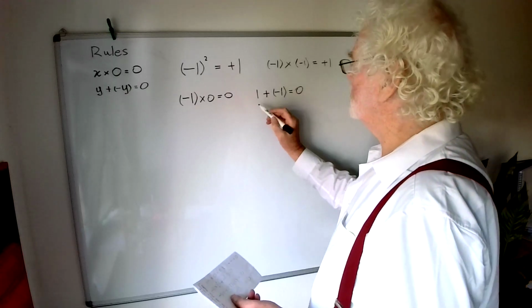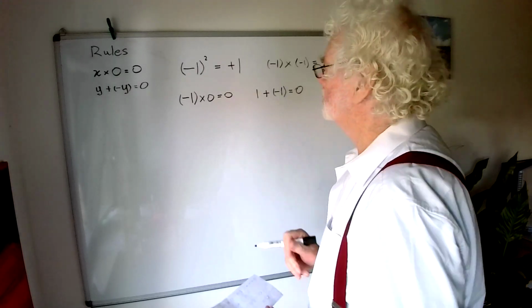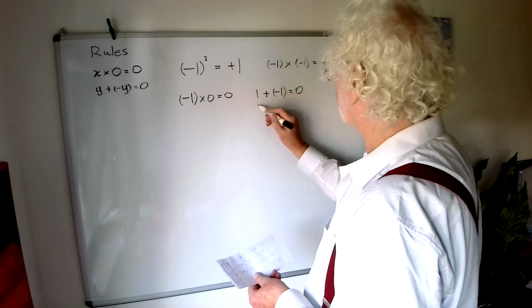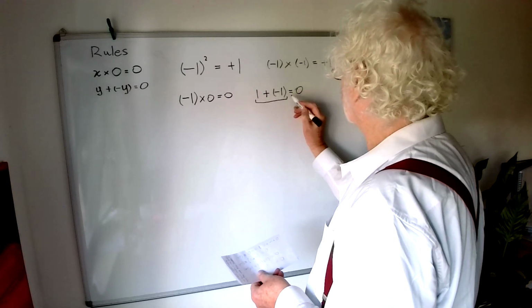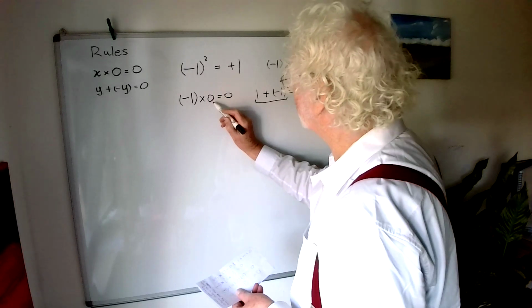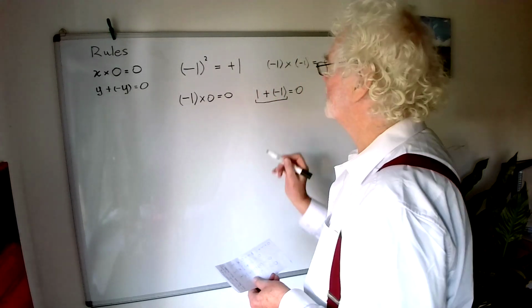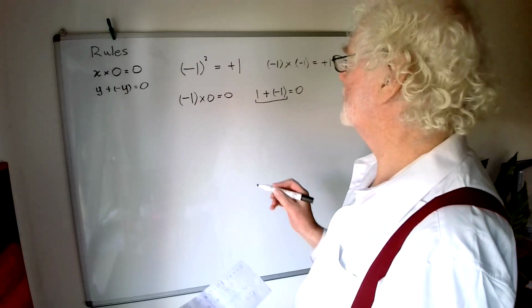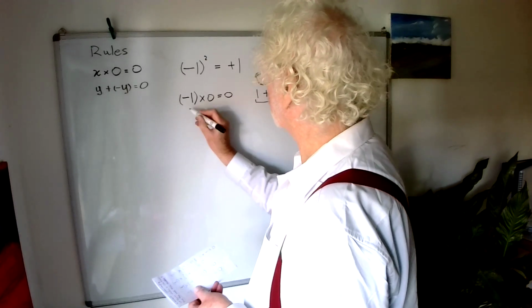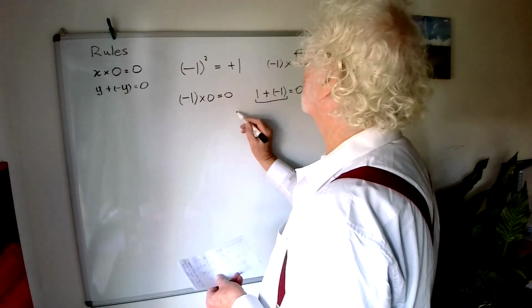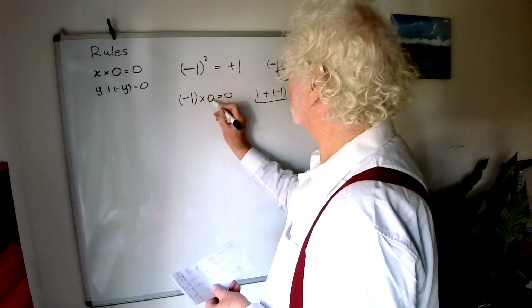So what I'm going to do now is combine these two. And because this quantity is equal to 0, I can exchange that 0 for this. And here we go. So I'm going to write out this equation with this in there, replacing that.